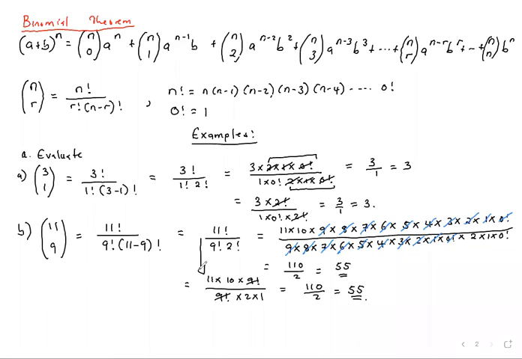So now, what we'll do is, since we said the theorem is (a plus b) to the n, giving us n choose 0 a^n, n choose 1 a^(n-1) b.